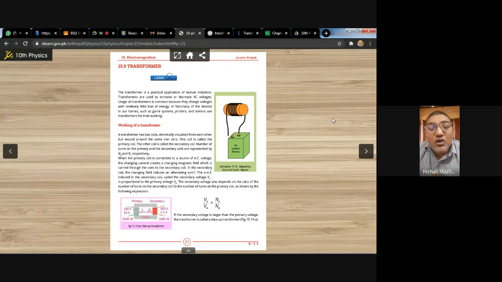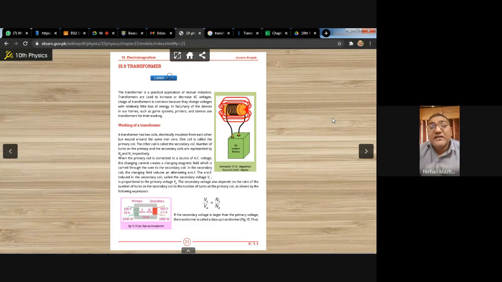One coil is called the primary coil. The other coil is called the secondary coil. The numbers of turns on the primary and secondary coils are represented by NP and NS respectively. So don't forget this: capital N and P as a subscript, and capital N and S as a subscript.